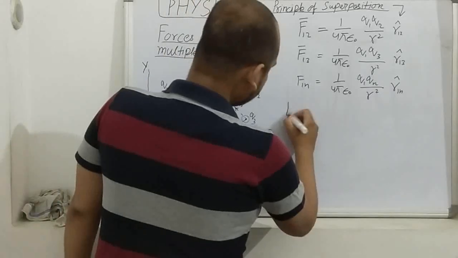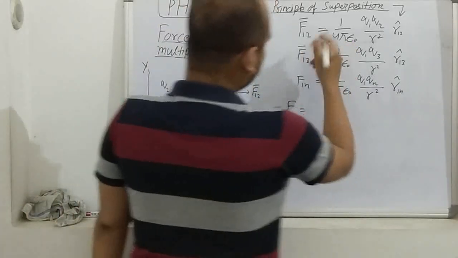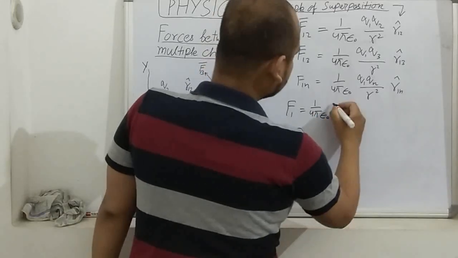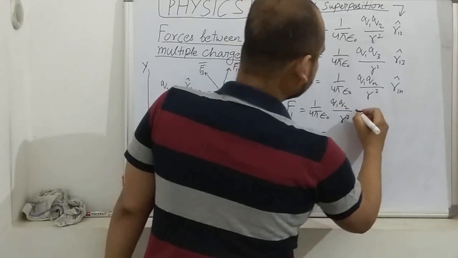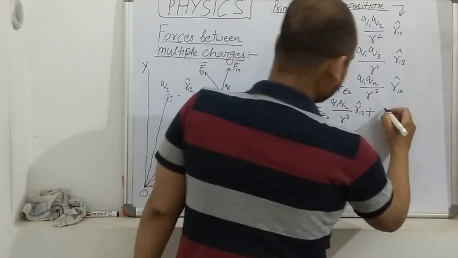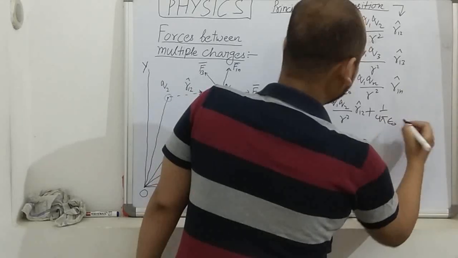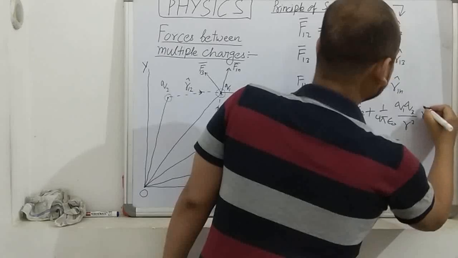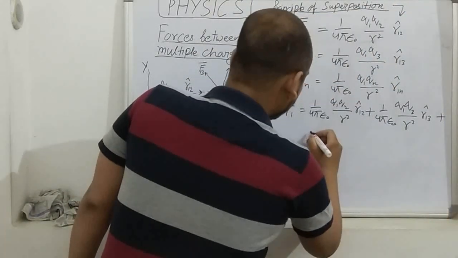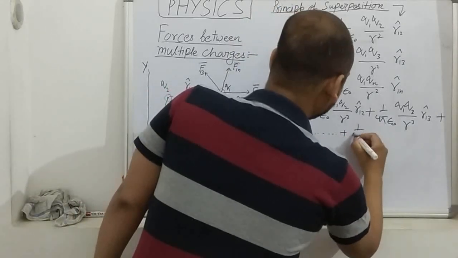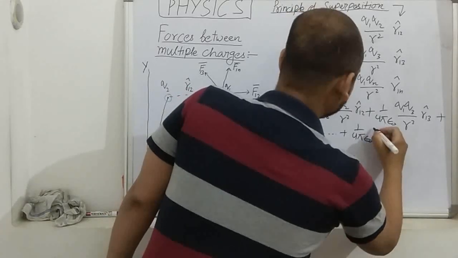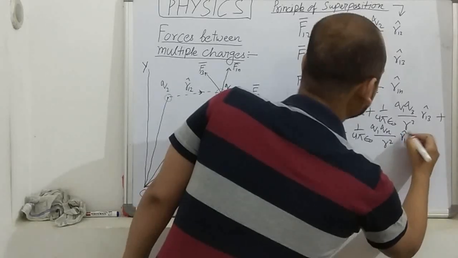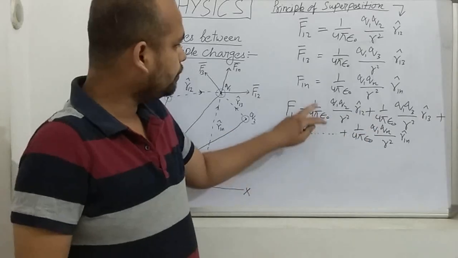So F1 will be equal to 1 upon 4 pi epsilon naught Q1 Q2 upon R square R12 cap plus 1 upon 4 pi epsilon naught Q1 Q3 upon R square R13 cap plus, and so on up to 1 upon 4 pi epsilon naught Q1 Qn upon R square R1n cap.